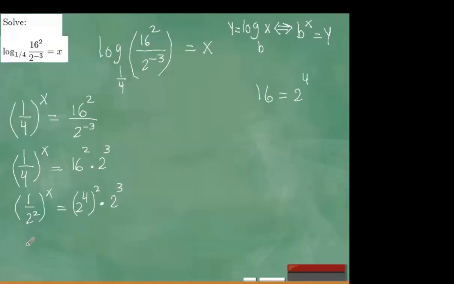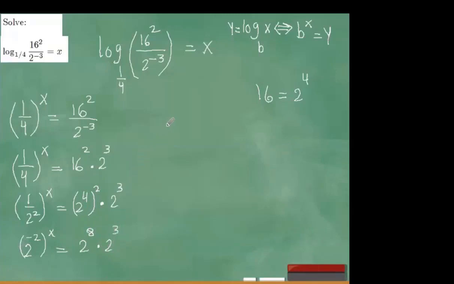I'm going to move this 2 up. That becomes 2 to the power of minus 2 to the power of x equal to, that would be 2 to the power of 2 times 4, 8, times 2 to the power of 3. So I made the base the same as 2.